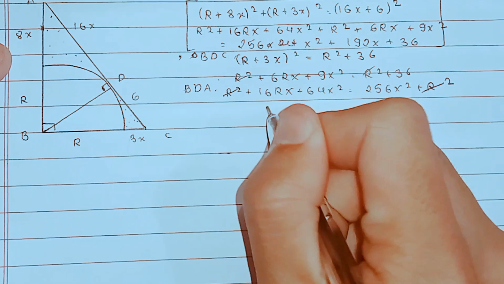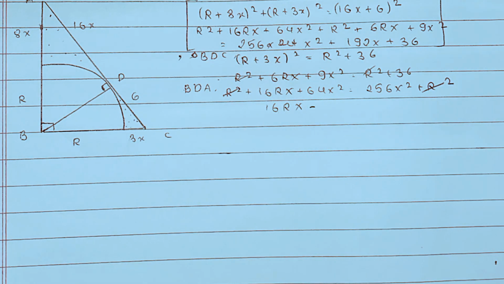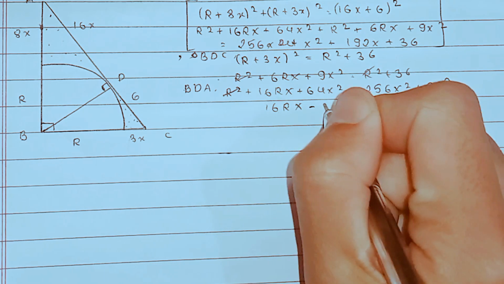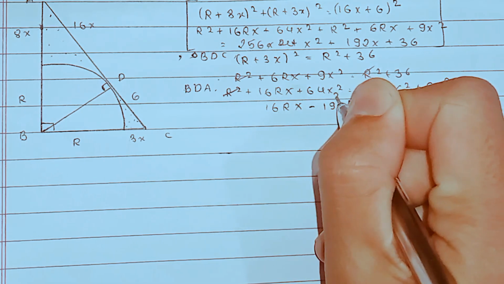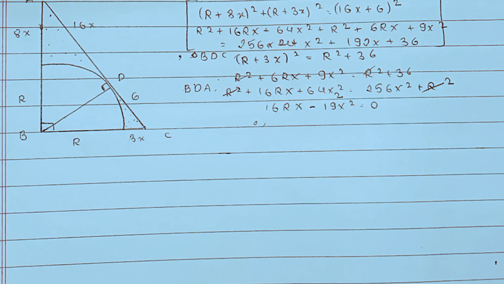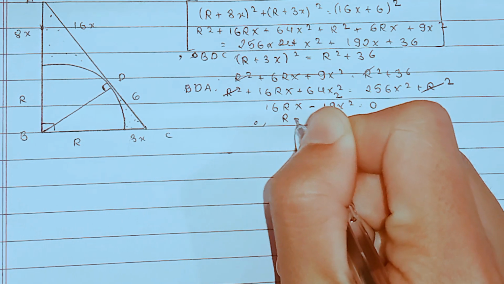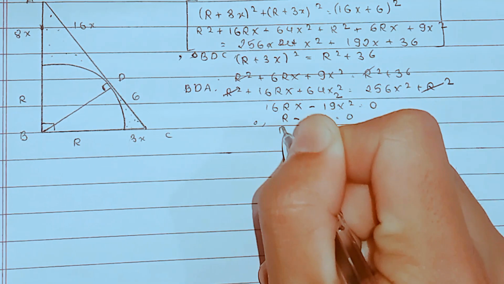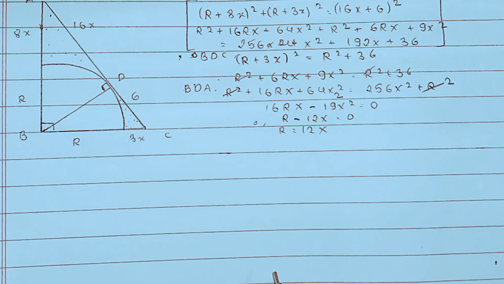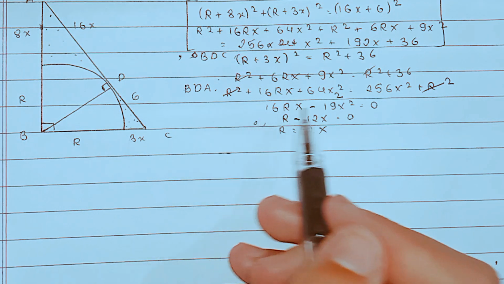We have 16rx minus 192x square equals 0. We take x common and divide by 16, so r minus 12x is equal to 0, so r is equal to 12x. So by hit and trial method, we excluded the other triangles, and finally using this triangle we found a relation between r and x.